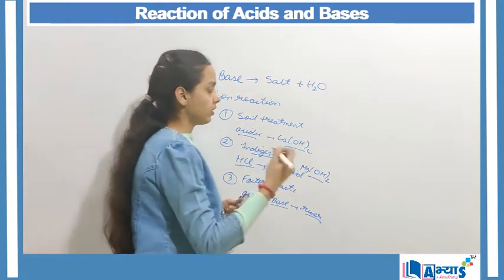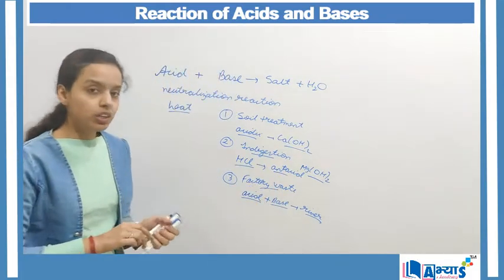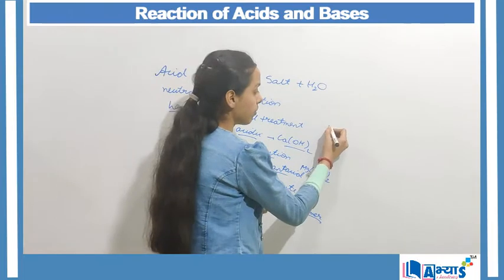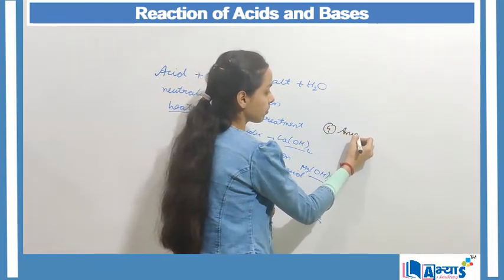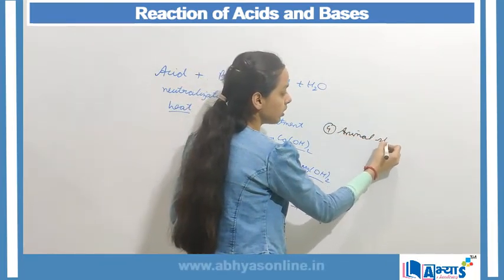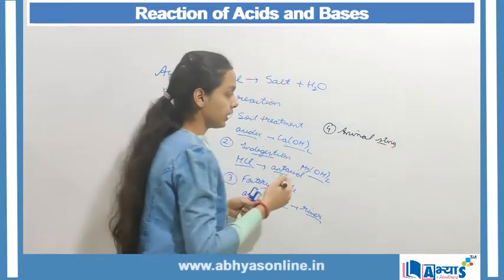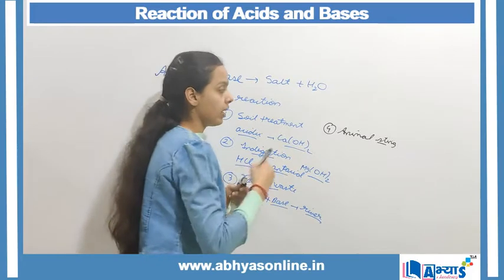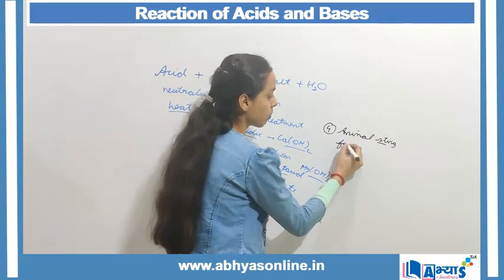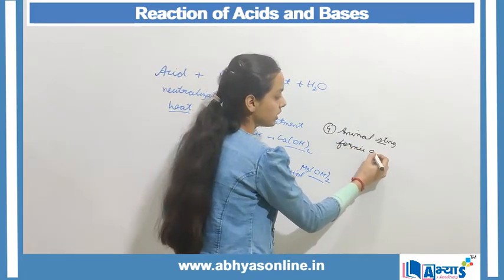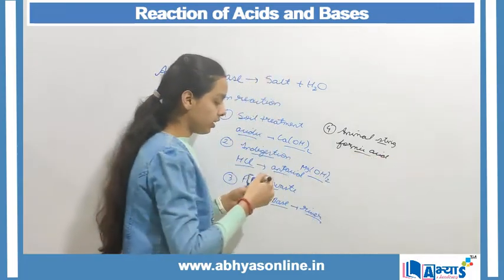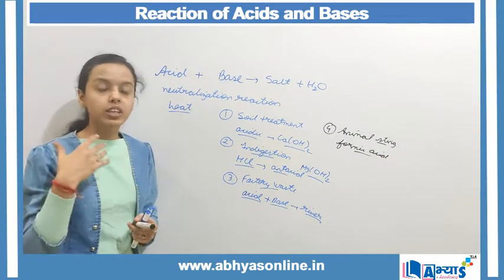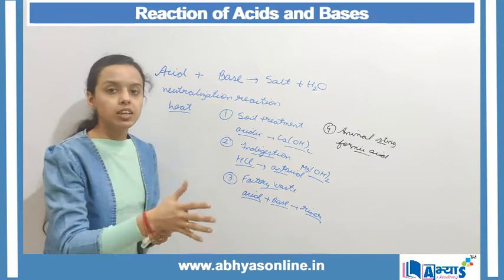Some other applications might include animal stings. When an animal stings, it actually injects an acid into the human being. Take the case of formic acid. Formic acid is injected when an ant or some type of bee stings a human being.